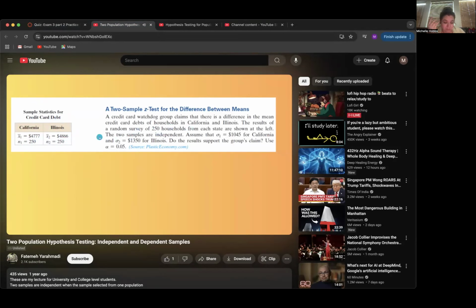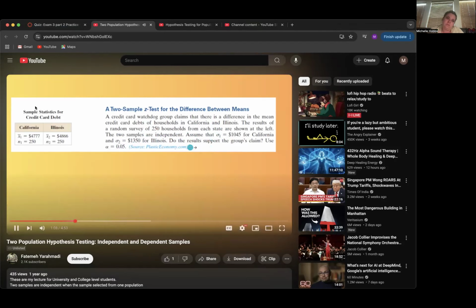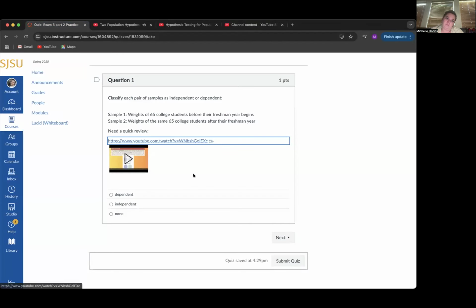So now the question is, by assumption that the samples are independent from each other and the population standard deviations from past studies are given, do you support the claim or not? So this is the question that we want to answer.